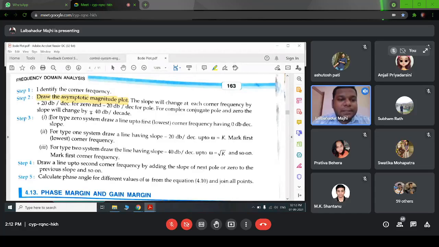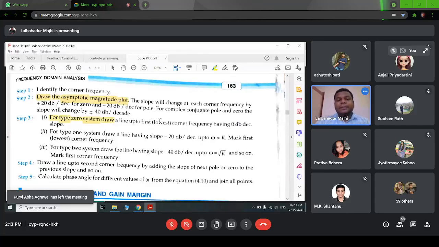For a type 0 system, we have to draw a line up to the first or lowest corner frequency having a 0 dB per decade slope.